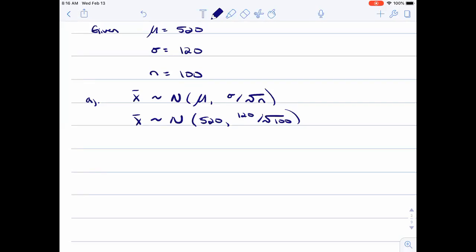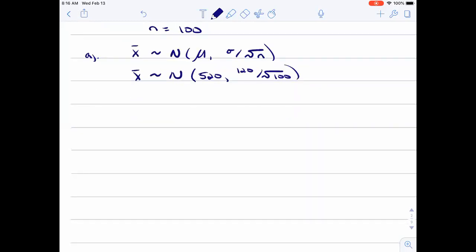Yes, indeed. 12. So, X bar follows a normal distribution with a mean of 520 and a standard error of 12. Cool.